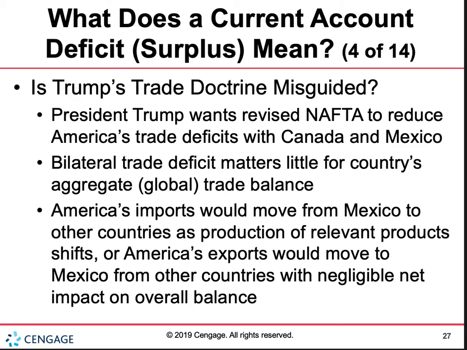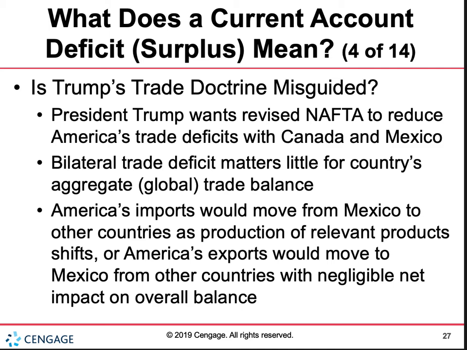All right, so President Trump. Is Trump's trade doctrine misguided? He wants to revise NAFTA. This was in 2019. Again, in 2020, they already talked about the U.S., Canada, Mexico agreement. It's a little different. That was talked about in the last chapter. Now he wants it revised, and he wants to reduce trade deficits with Canada and Mexico.